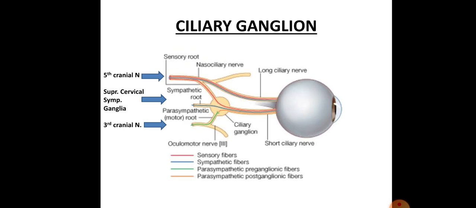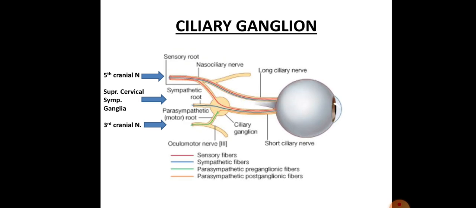Ciliary ganglion. It is a parasympathetic ganglion located within the orbit between optic nerve and lateral rectus muscle. It has three roots or three inputs: sensory, sympathetic and parasympathetic root. This ciliary ganglion is topographically related to fifth cranial nerve but functionally related to the oculomotor nerve, that is third cranial nerve.